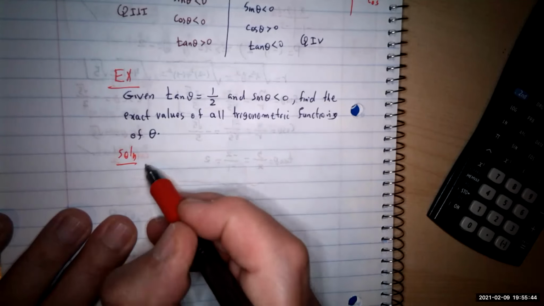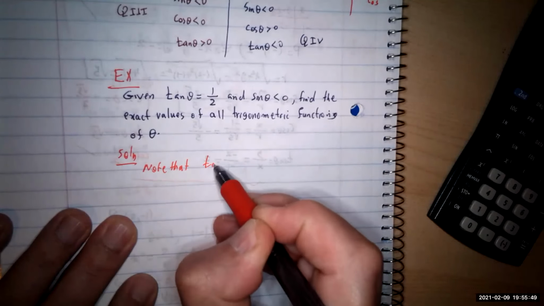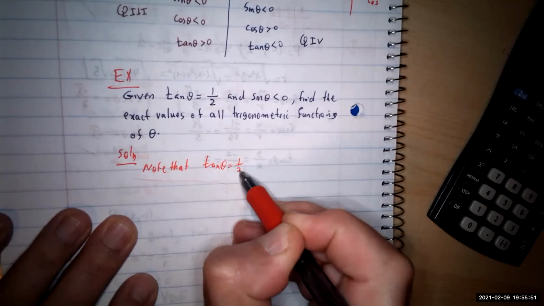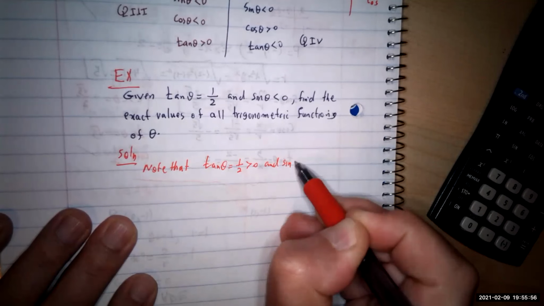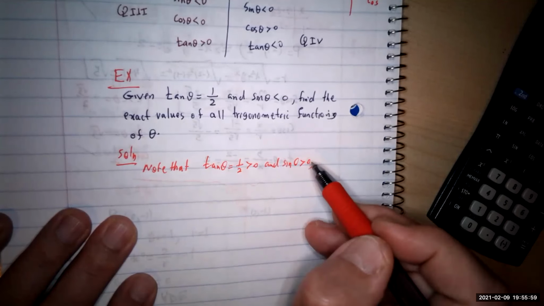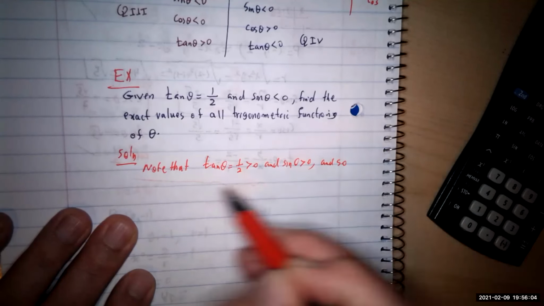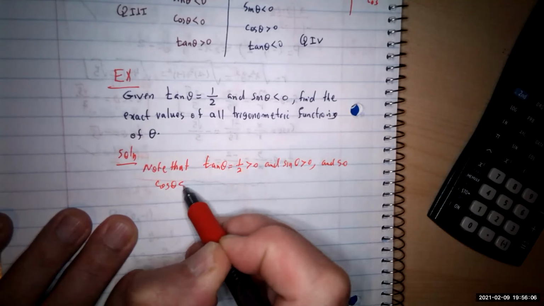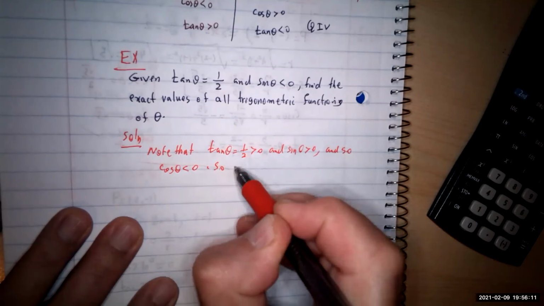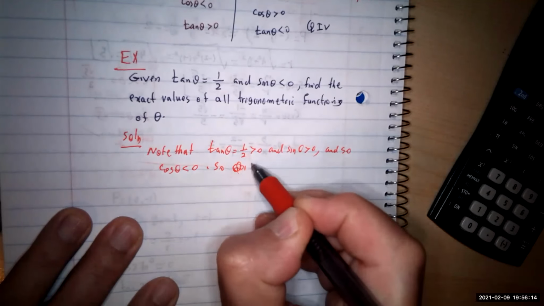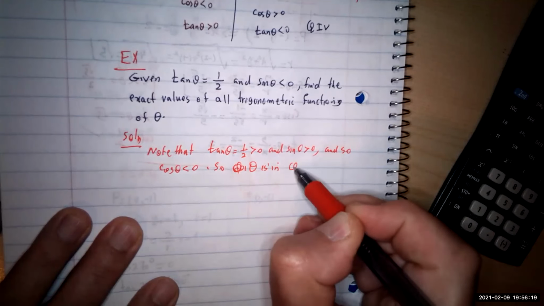Note that we accept that the tangent is positive and the sine of theta is negative. So the cosine of theta must be negative because the tangent is positive. So the theta angle is in the third quadrant, quadrant 3.